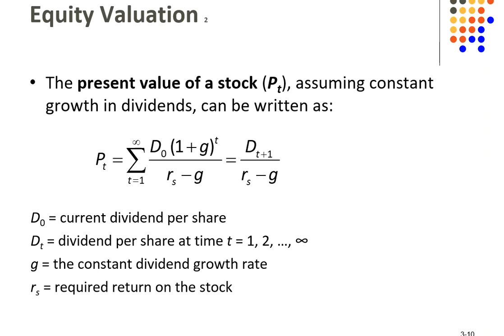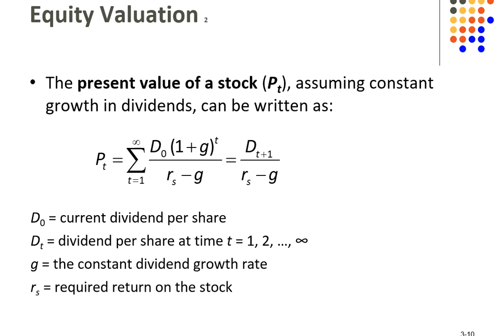Valuing common stock is more challenging because there's no constant cash flow in the future. We're going to need to estimate future dividends. We can try to estimate dividends going out many years into the future, or we can make some simplifying assumptions. The simplest model is what we call the constant growth model.